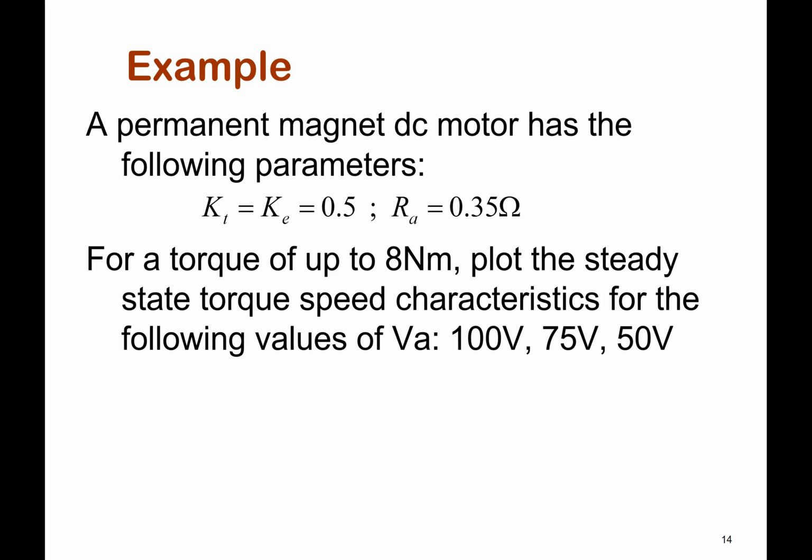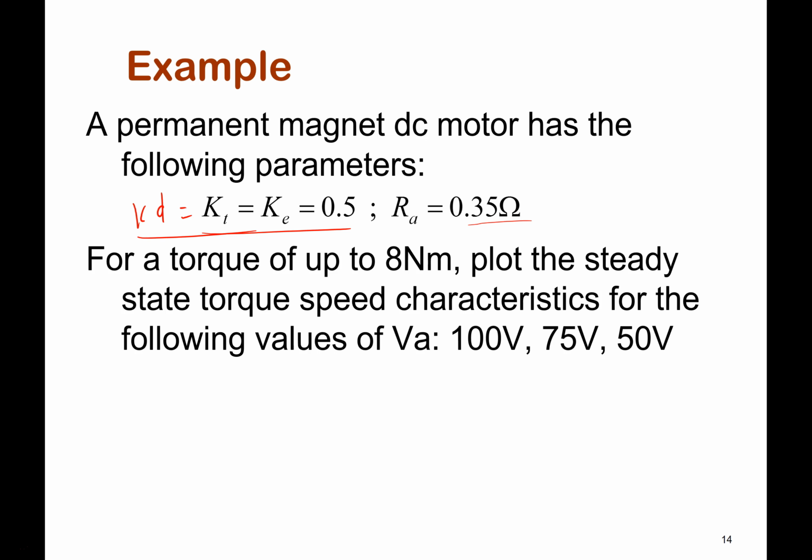So next example, we have a permanent magnet DC motor with the following parameters: KT, which is equal to KE, is 0.5. This is your K phi basically, and RA is 0.35 ohms. Now how would we treat a permanent magnet DC motor?